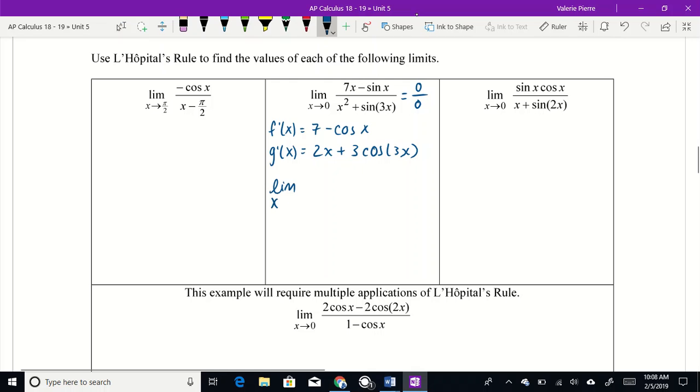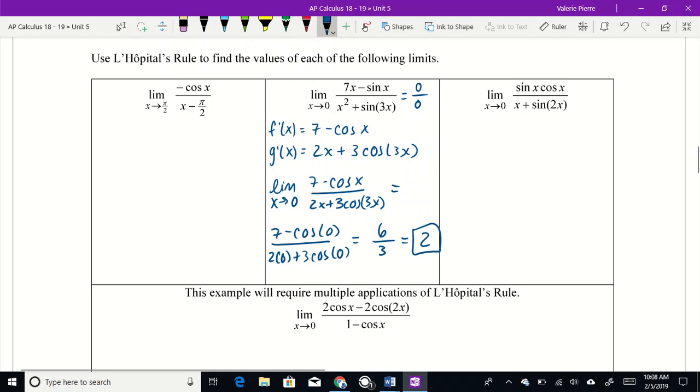So the limit as x approaches 0 of 7 minus cosine x over 2x plus 3 cosine 3x will be equal to 7 minus cosine of 0 over 2 times 0 plus 3 cosine of 0, which is 6 over 3, which is 2.